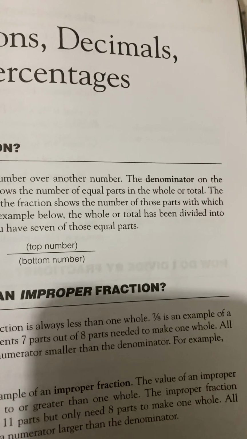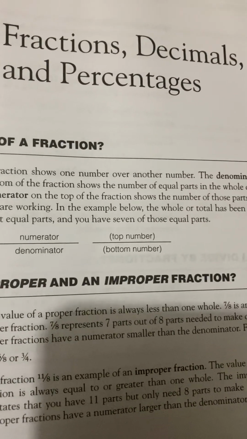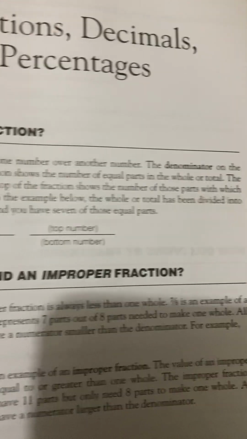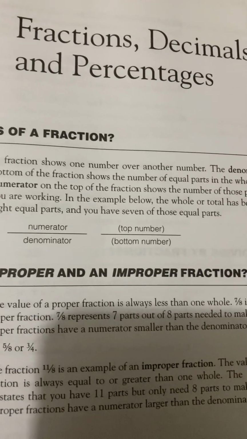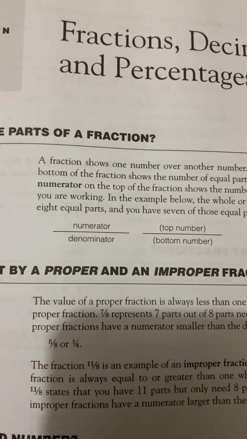The denominator on the bottom of the fraction shows the number of equal parts in the whole or total. The numerator on the top of the fraction shows the number of those parts with which you are working.